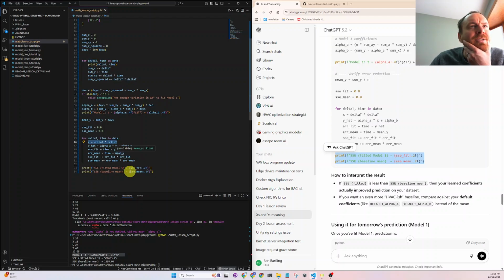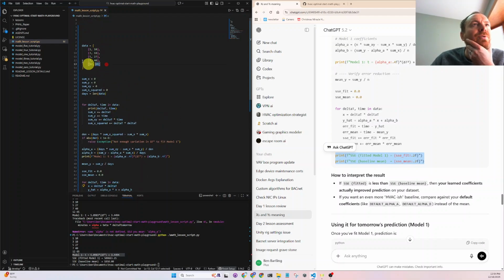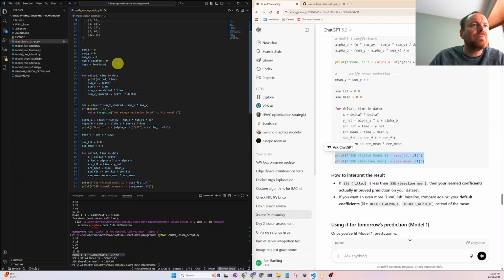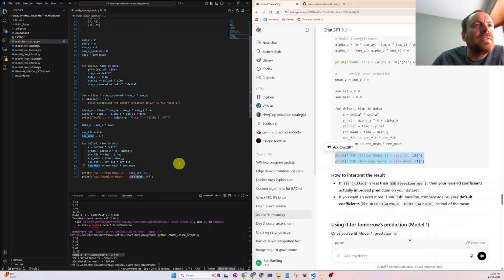And then they're actually comparing, yeah, we're looping through this and then computing errors for each one of these. So error in the fit. And interesting, so fitted model.